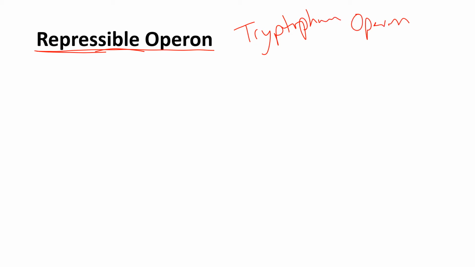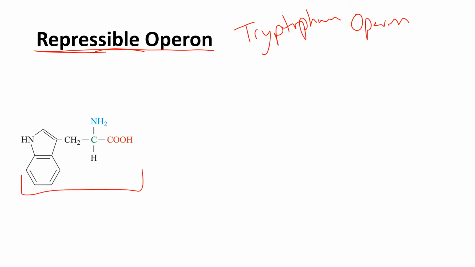And this has to do with tryptophan. This is the molecular structure for tryptophan, and tryptophan is a type of amino acid. And remember, the amino acids are the building blocks for proteins. And each amino acid has an alpha carbon, a central carbon, and that carbon has 4 covalent bonds.